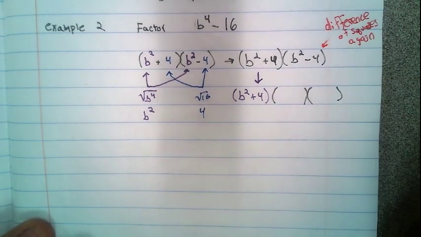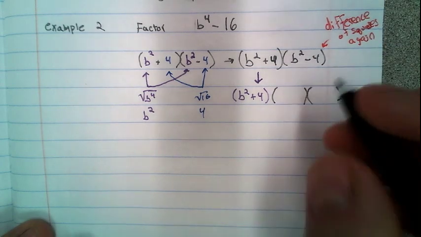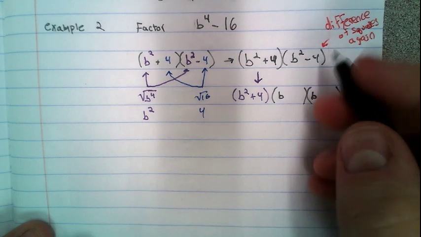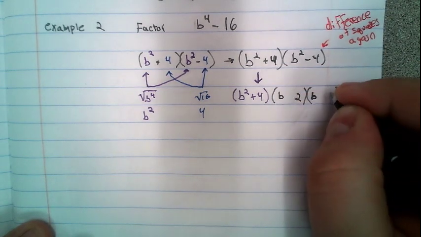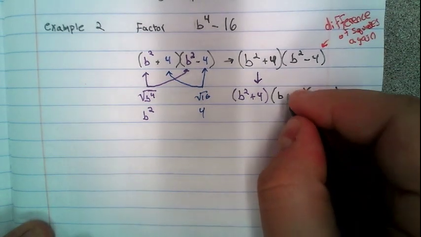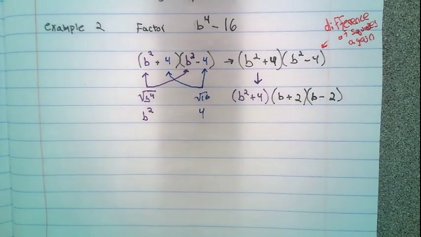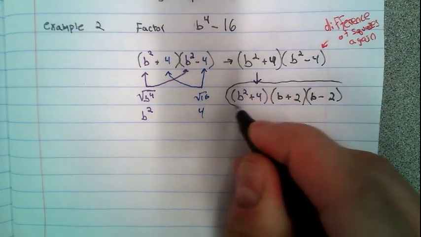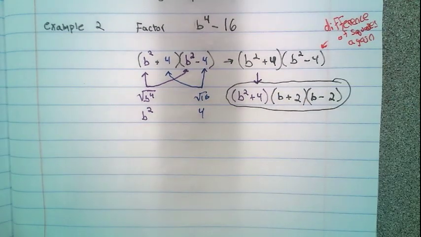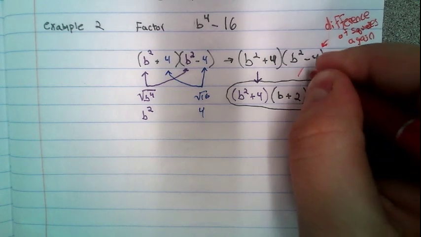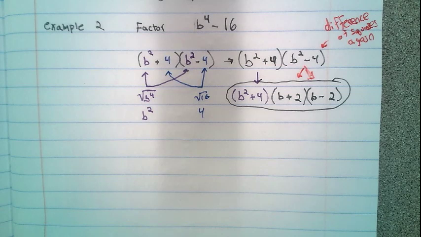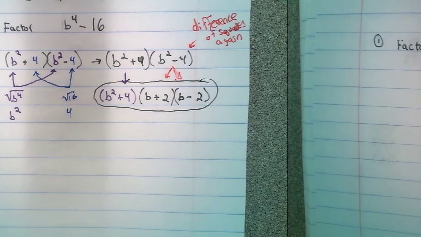Two parentheses. The square root of b squared is b. The square root of 4 is 2. One is separated by addition, one by subtraction. So my final answer, after doing difference of squares again, is b squared plus 4 times b plus 2 times b minus 2.